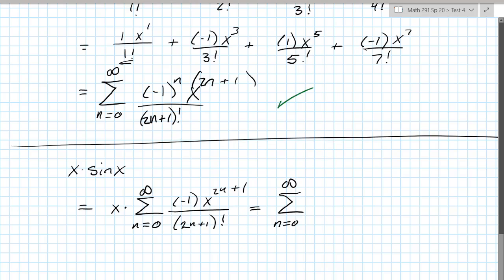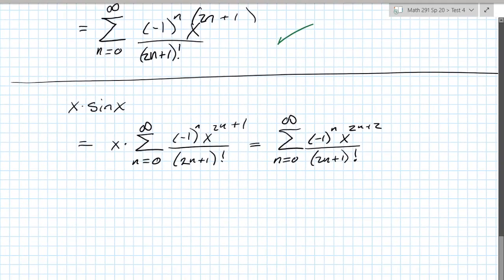So I can bring that in, multiply it with the other x, and I've got negative 1 to the n, x to the 2n plus 2 over 2n plus 1 factorial. And I'm done with it. So this was the Maclaurin series for x sine x.